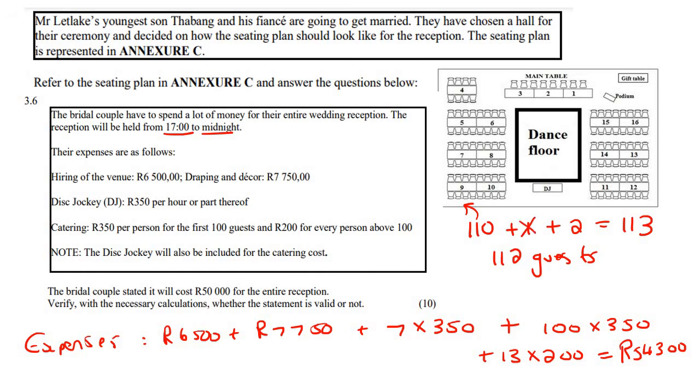So they forgot about the DJ in this calculation, but they said the disc jockey will also be included in the catering cost. So we must include him for the catering cost. So yeah, trust me, this is correct over here. They said it was going to be 50,000. It came out to a different number, so their statement is invalid.